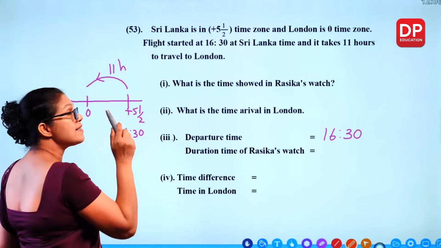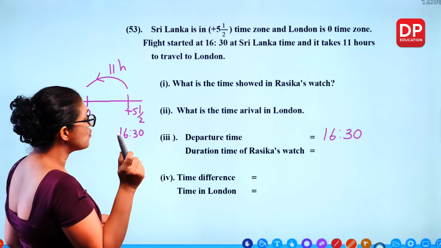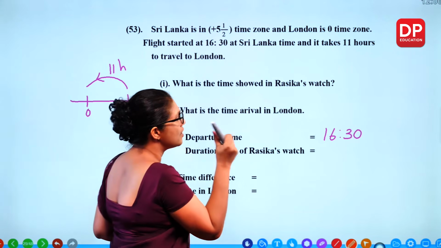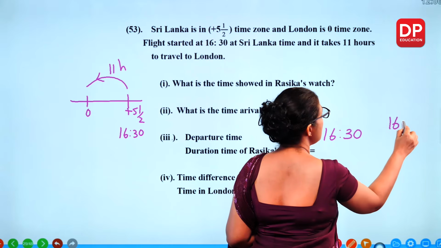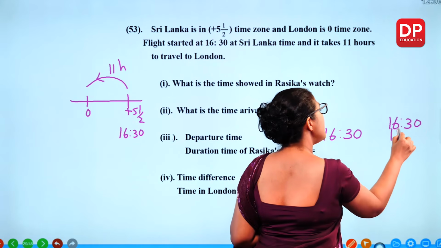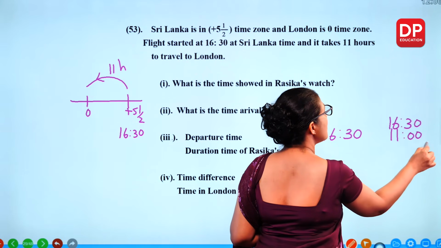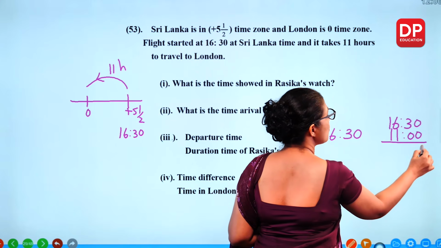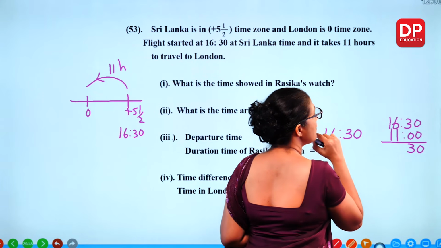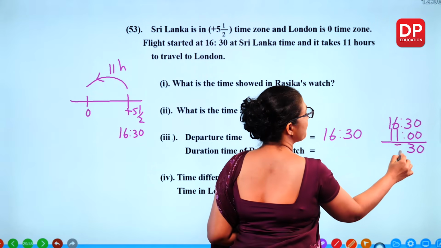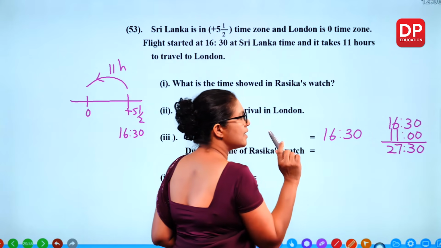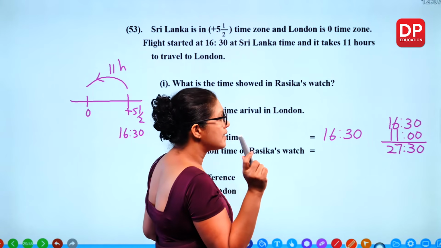Now duration is 11 hours. So you have to add 11 to that. So 16:30, add 11 hours. What's the time on Rasika's watch? 27:30. So you can't write 27:30.